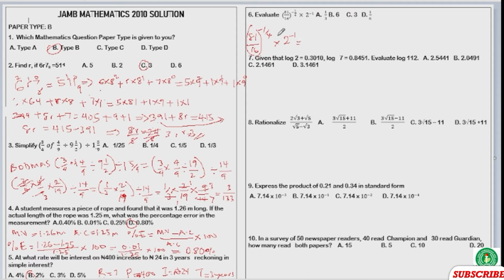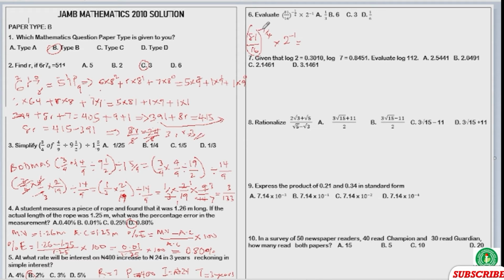Now, this is a problem under law of indices. Whenever you have something raised to the power minus 1 over 4, you have the inverse law under the law of indices. This minus means 1 all over. Anything raised to a negative power has to do with the inverse law.